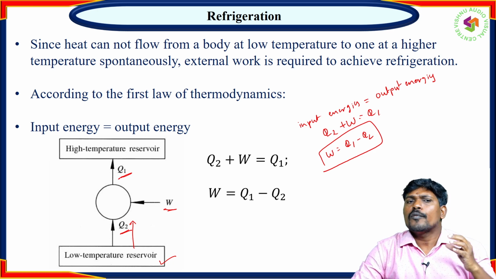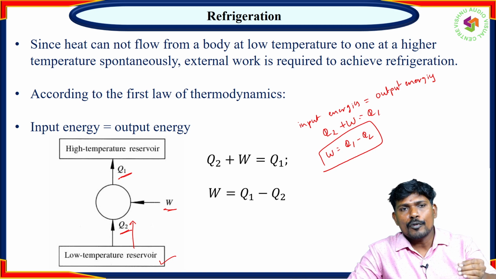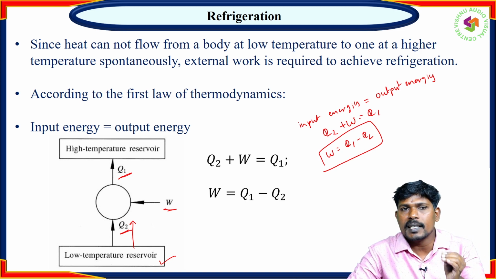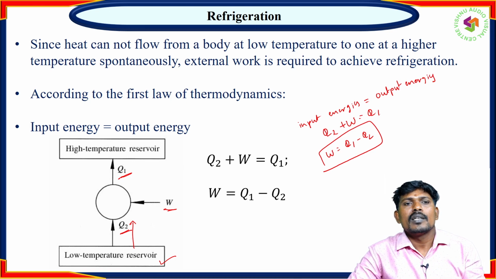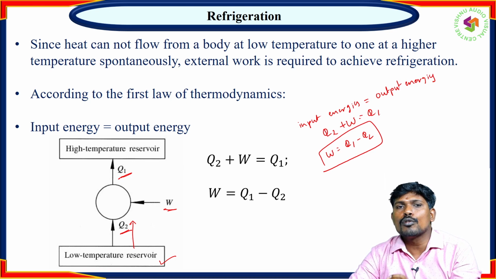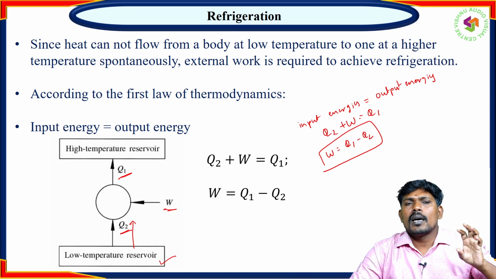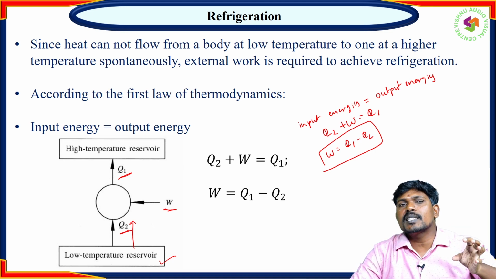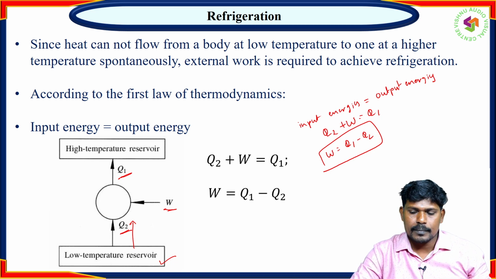If the high temperature is only 10 degrees centigrade, then we need to do only 10 joules of work. So the work needed depends on the temperature difference between them.